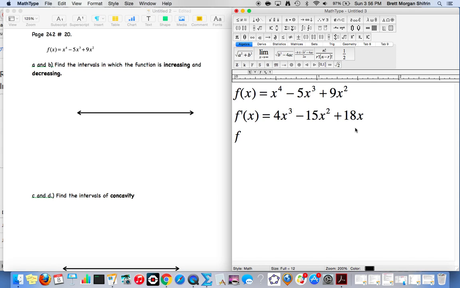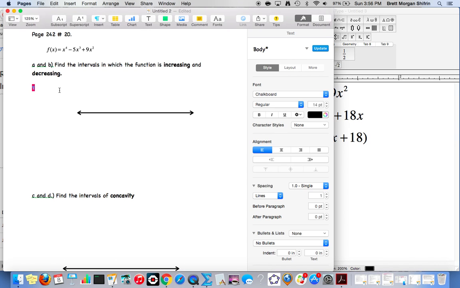So if I think about this in factored form, I can factor out an x, and I'm left with x times 4x squared minus 15x plus 18.